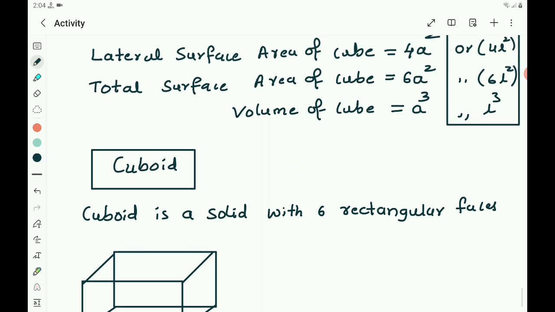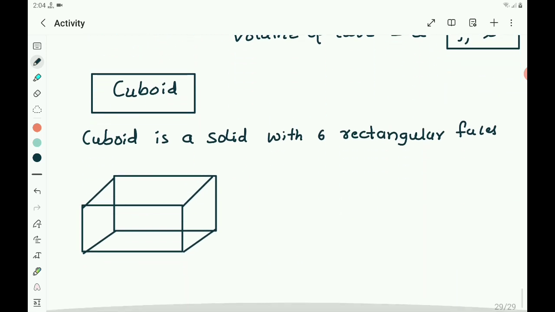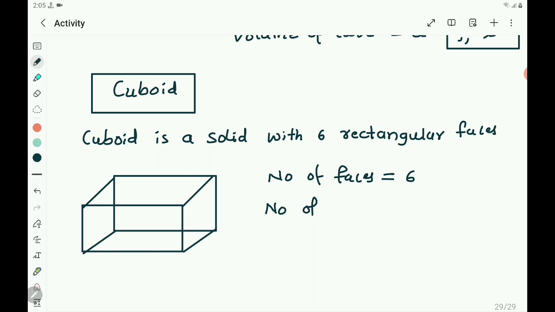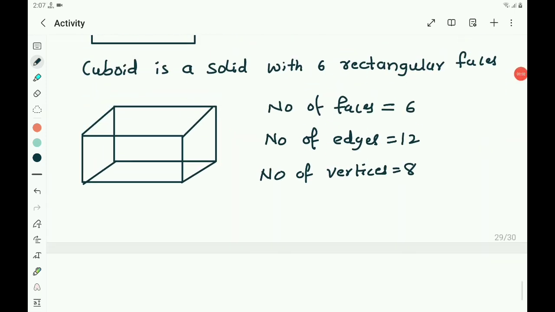So write here: number of faces 6, number of edges 12, number of vertices 8. Then you write lateral surface area of the cuboid.